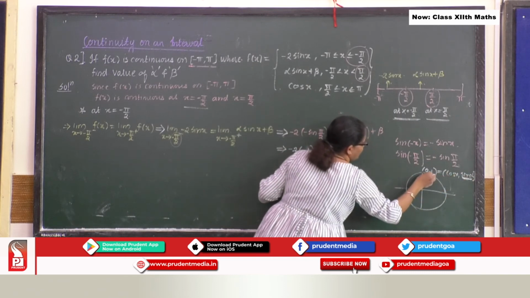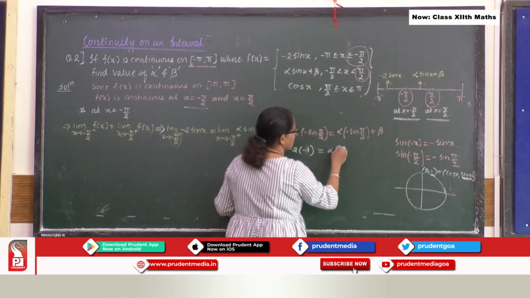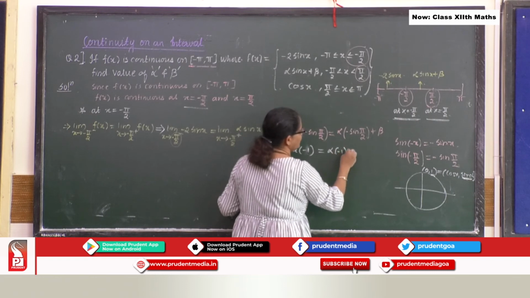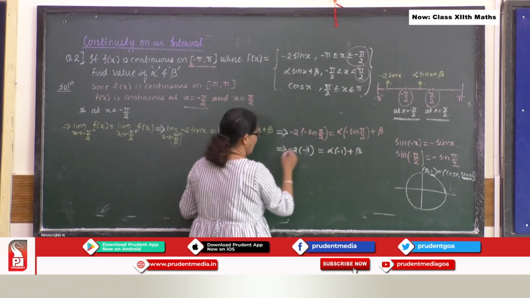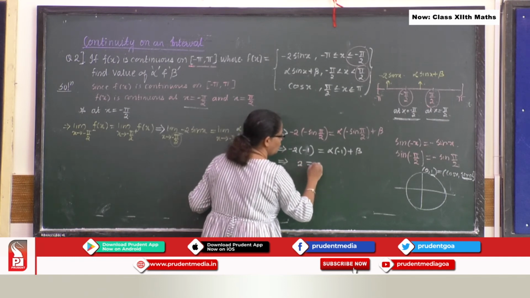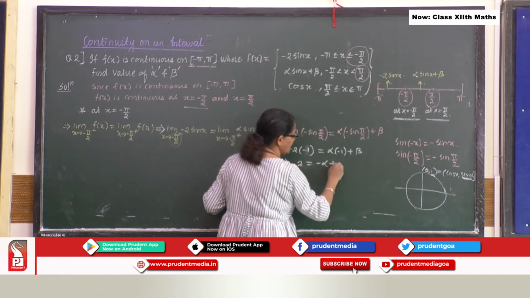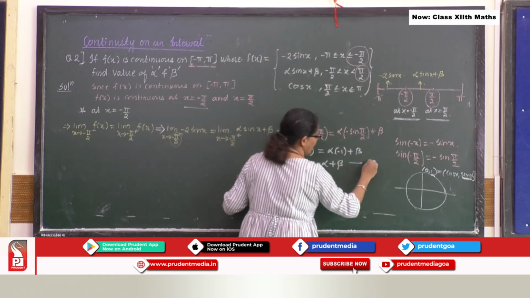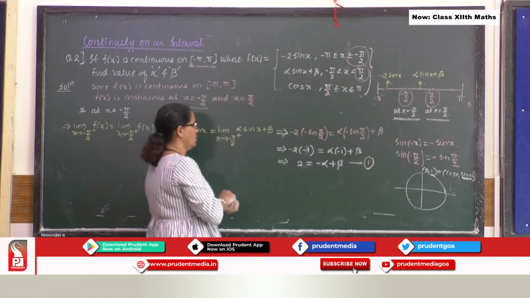What is sine pi by 2? That's 1. So you get minus alpha plus beta. Minus minus will become plus. So you will have 2 equals minus alpha plus beta. So this is equation 1.